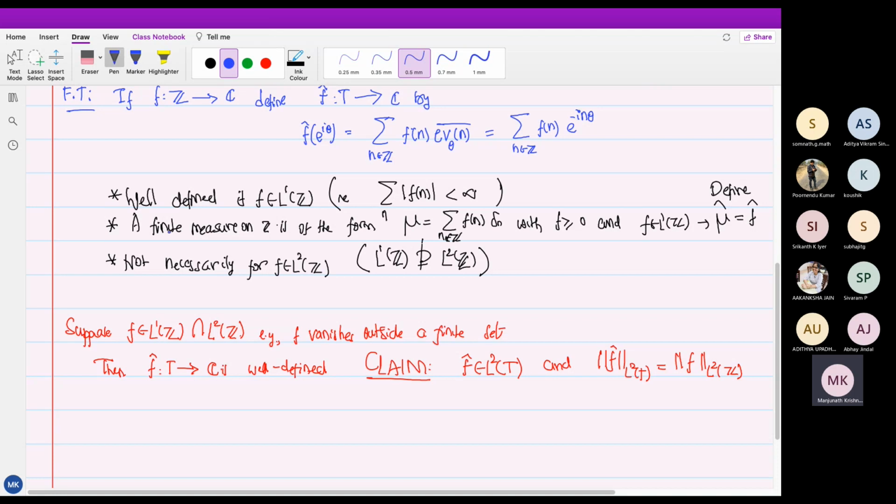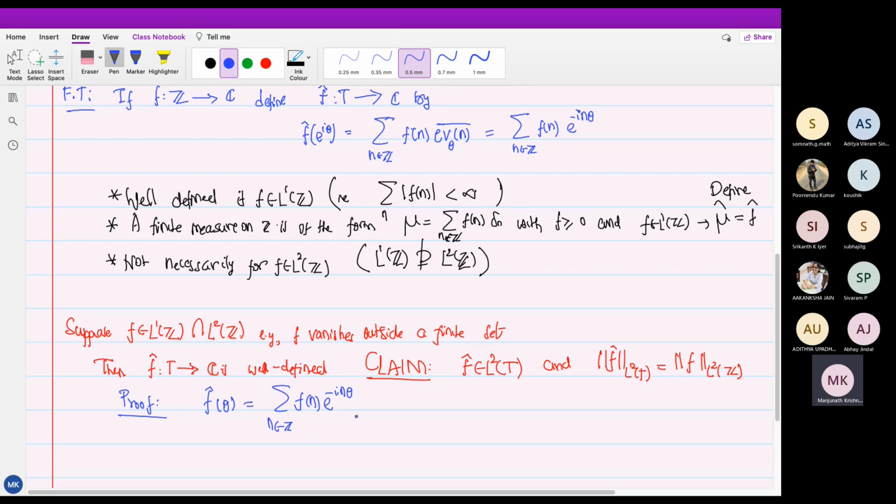So how do we prove this? Let's prove this claim. It is not difficult. We just have to look at the L2 norm squared of f hat. f hat of theta, or e to the I theta, I keep switching, is defined as the sum over n in Z of f of n e to the minus I n theta.